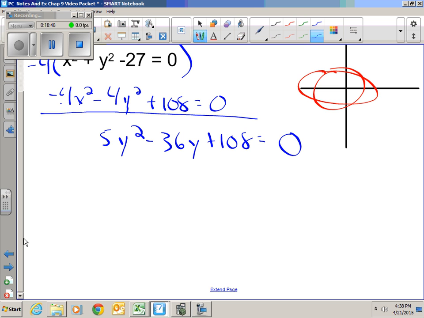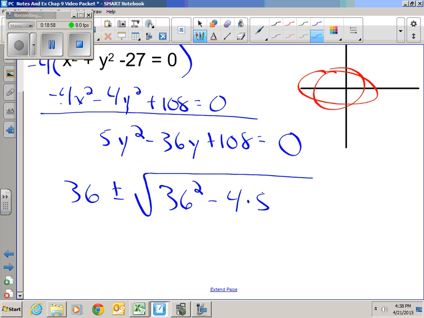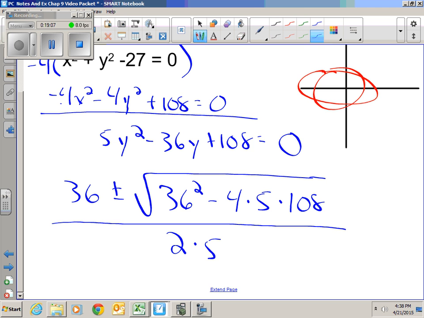And I'm going to get negative b, which is 36, plus or minus the square root of b squared, which is 36 squared, minus 4 times 5 times 108, all over 2 times 5.